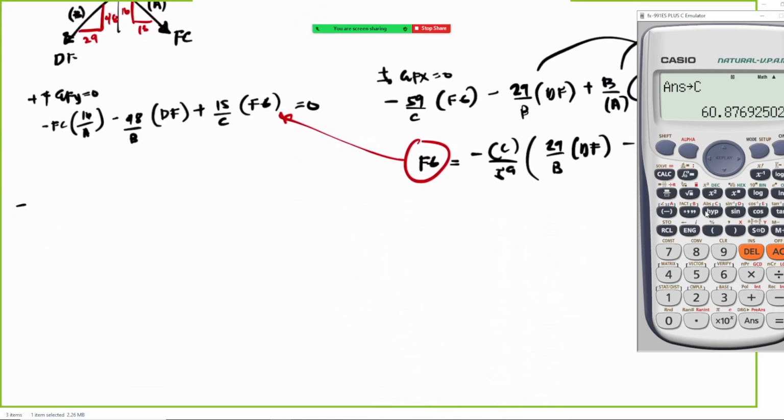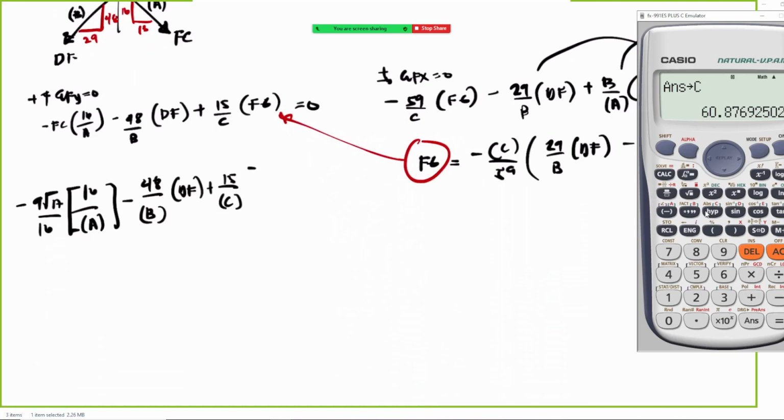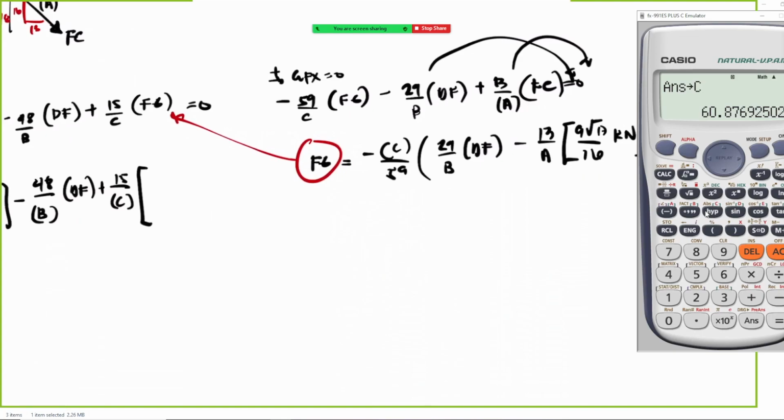So negative 9 square root of 17 over 16 multiplied by 16 over store A, minus 48 store B DF plus 15 over store C, and then the value of equation of FG. Okay?